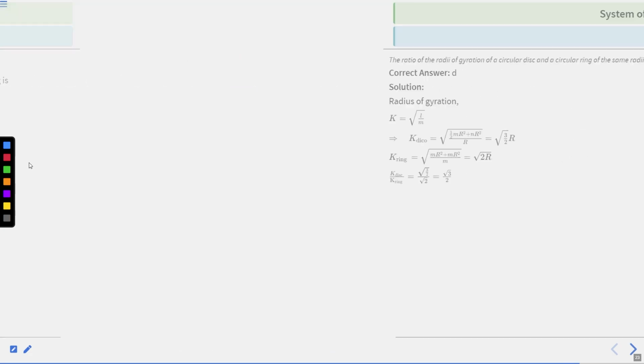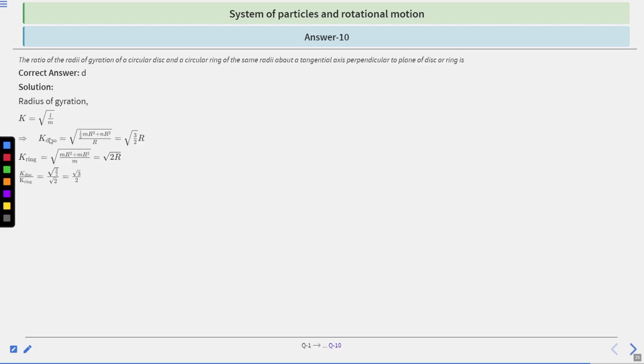Let's find the solution. The radius of gyration k is equal to root of I by m. This is the formula. For the disc, k is equal to root of (half mr square plus mr square) divided by m, and solving this we get k equal to root 3 r by 2.